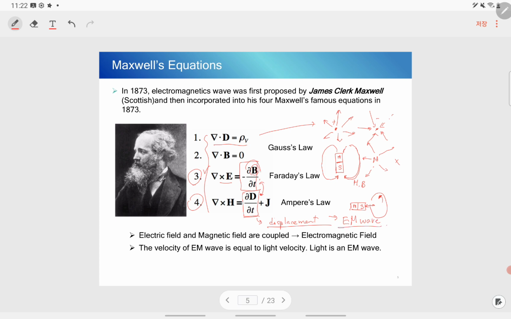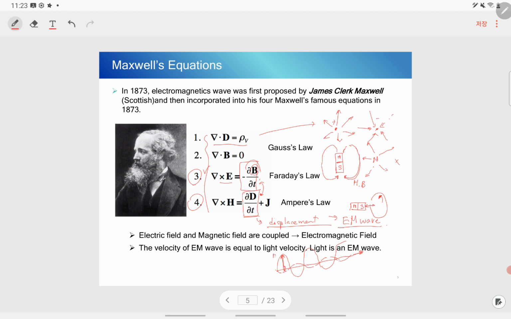By solving the wave equation, we can get the EM wave, the electromagnetic wave. The electromagnetic wave propagates in one direction, and the electric field and the magnetic field are coupled, perpendicular to each other.